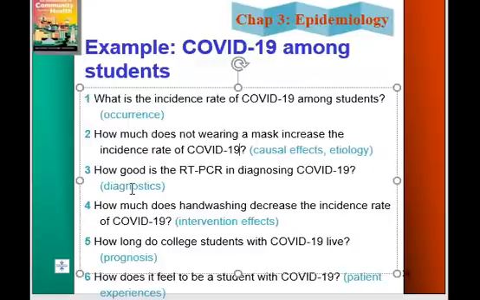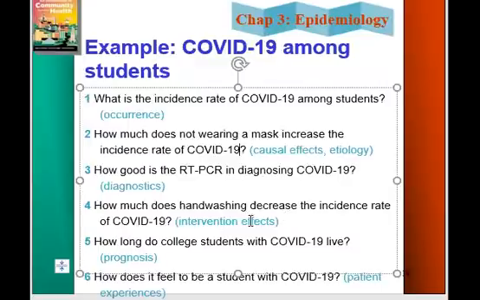Third, diagnostics. So how good is the real-time polymerase chain reaction in diagnosing COVID-19? Fourth, this one is a concrete example under intervention effects. How much does hand washing decrease the incidence rate of COVID-19? By the way, if you're still not well versed about incidence rate, okay lang po yan kasi mas i-discuss natin yan sa next na video. Okay?